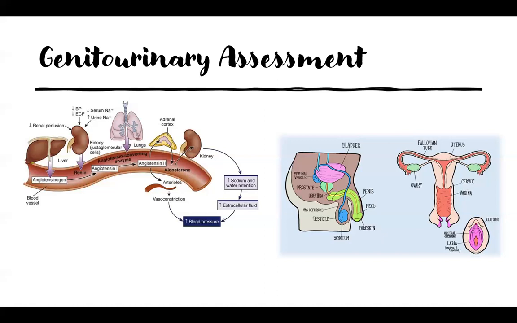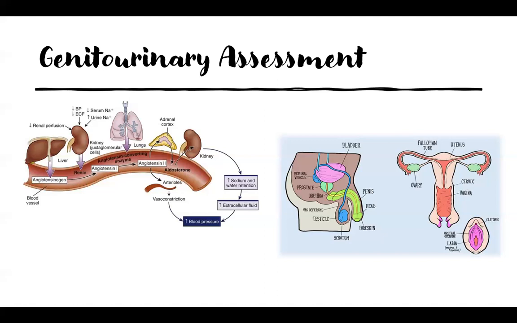They also may suffer from incontinence, BPH, which is benign prostatic hypertrophy. They may have a history of cancer or kidney stones. The patient may also be taking nephrotoxic medications.